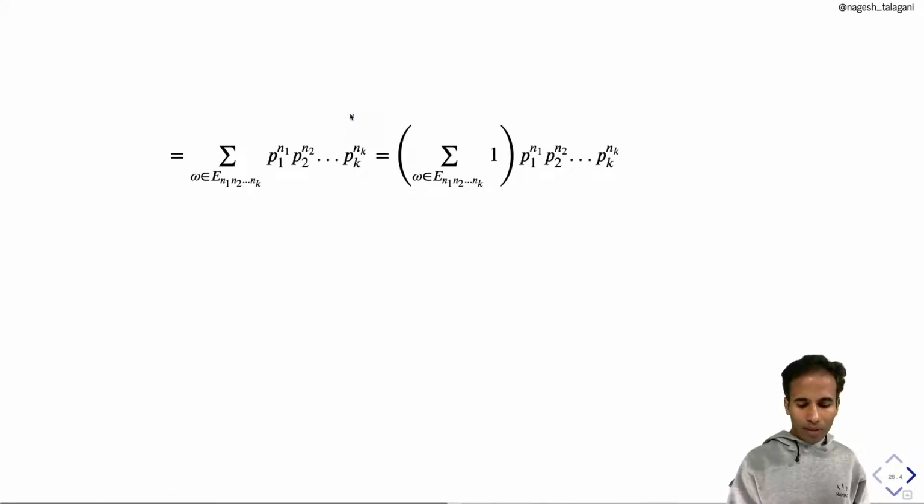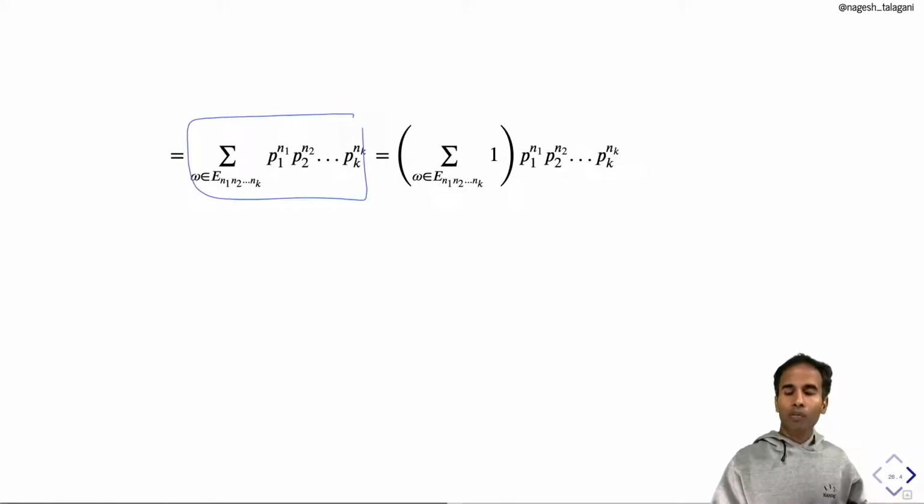So we have the summation of P1 to the power of n1, P2 to the power of n2, so on, Pk to the power of nk, where the sum runs over E(n1, n2, so on, nk). This is common to each term, so if I take it common, we have a sum of ones where the sum runs over E(n1, n2, so on, nk).